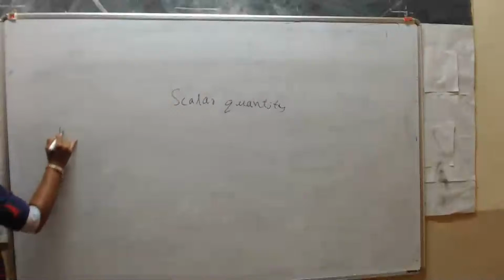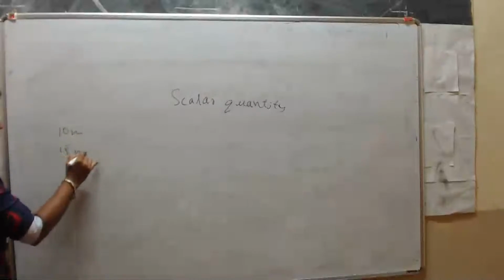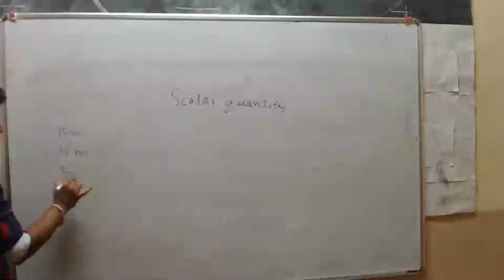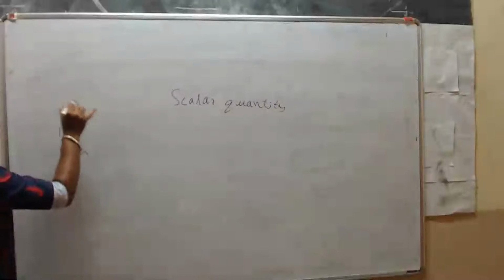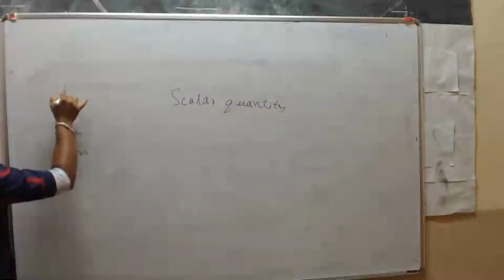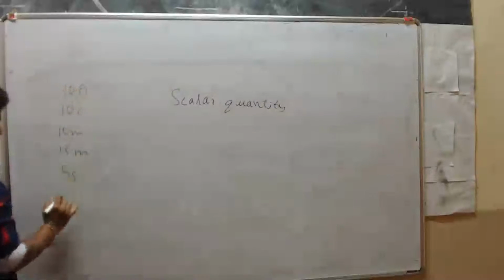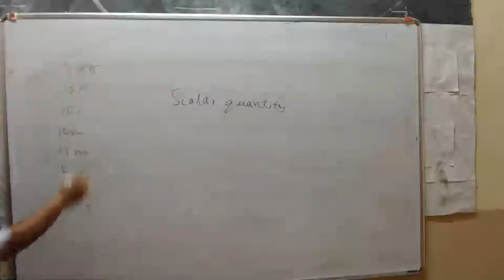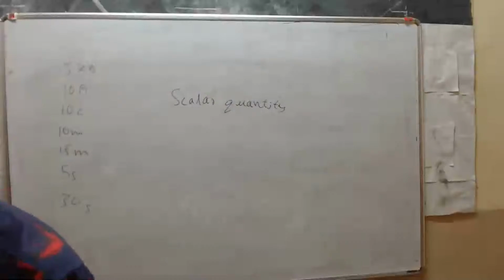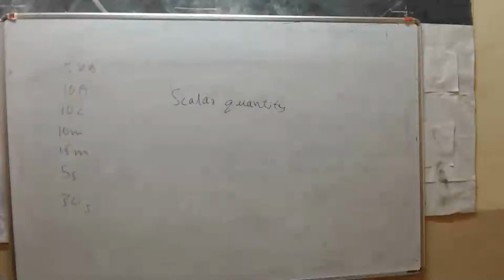One numerical number. For example, 10 meter, 15 meter, 5 second, 10 second, 10 ampere, 30 degree Celsius, 5 kg. These are magnitudes. Magnitude means one numerical number.